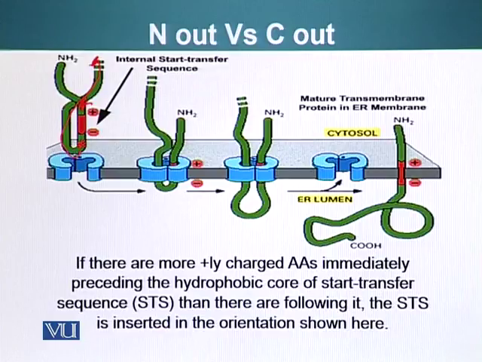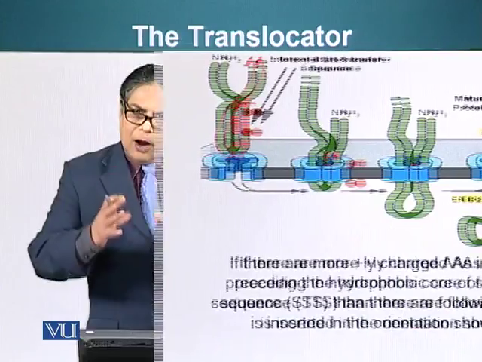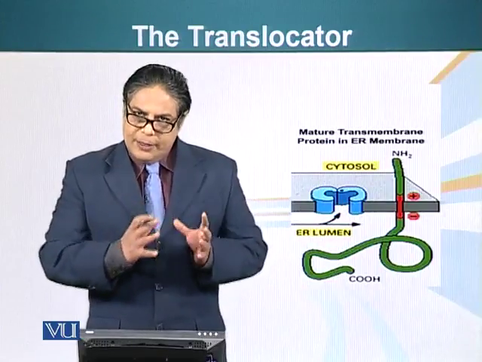So when that happens, the negatively charged amino acids will go through this translocator, whereas positively charged amino acids will stay outside. So when this happens, we end up with a protein which is inserted in the ER membrane in this orientation, that the amino terminus is in the cytosol and the carboxy terminus is in the lumen of the ER. So we have seen how proteins are inserted in the membrane.